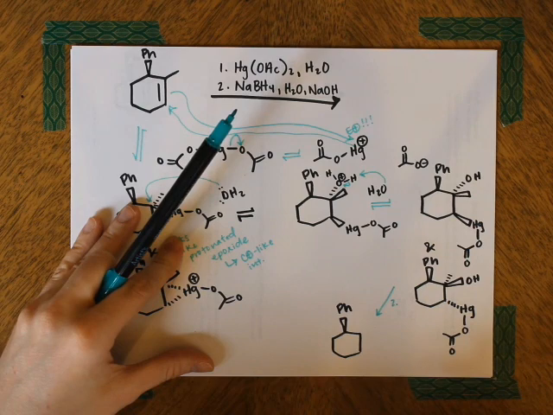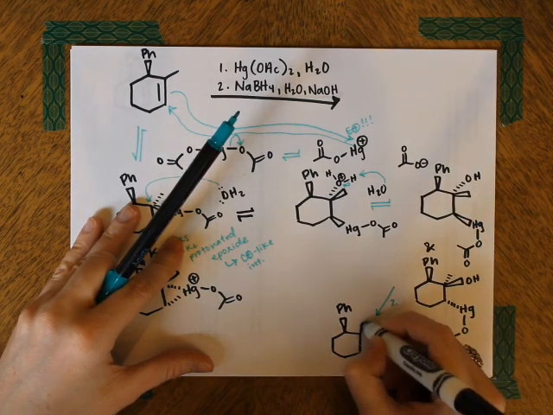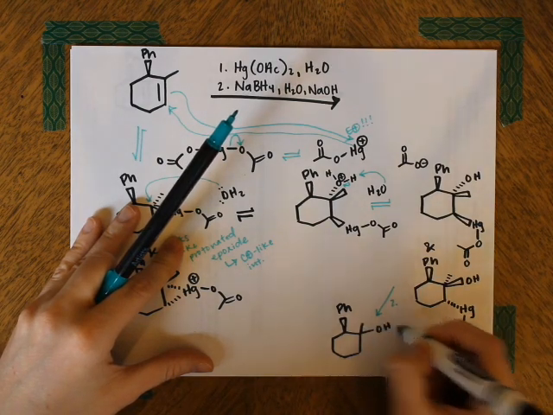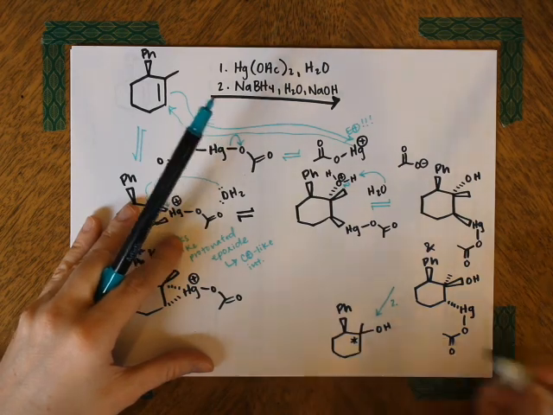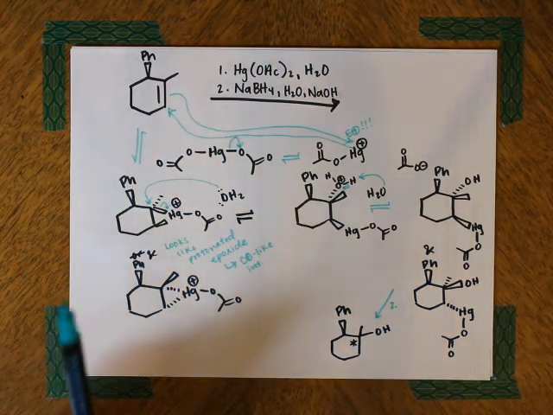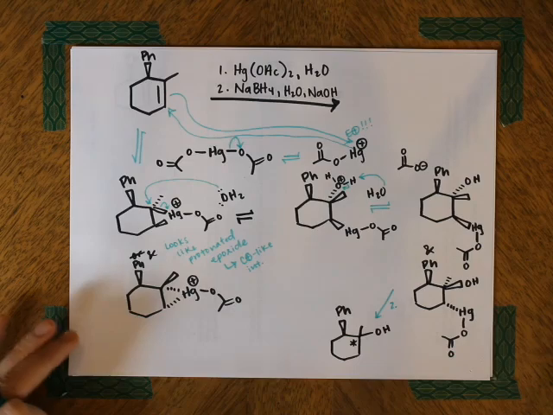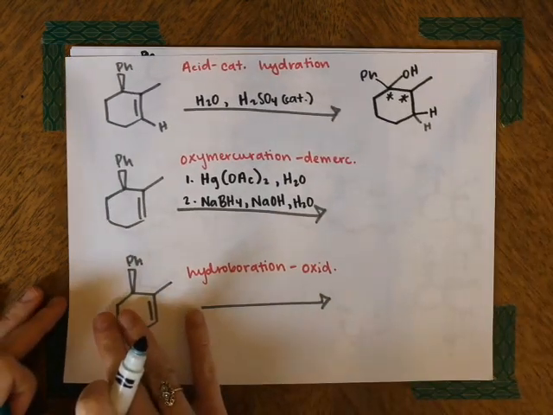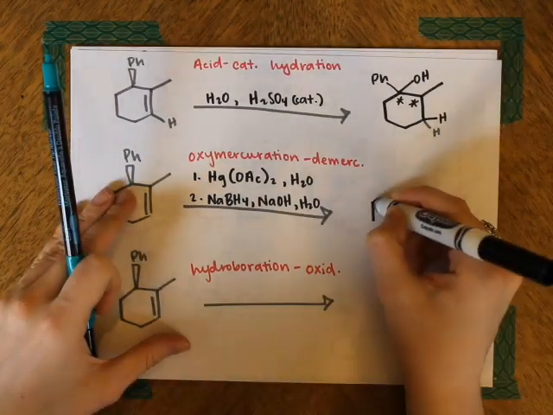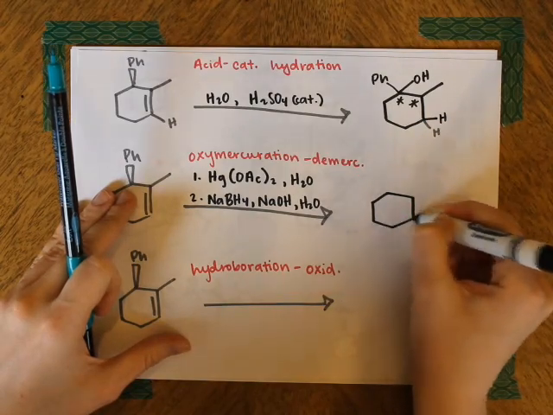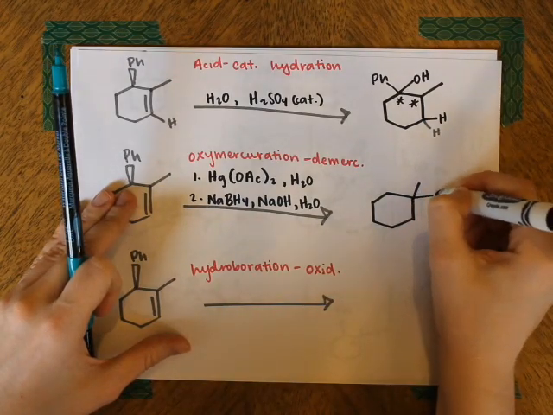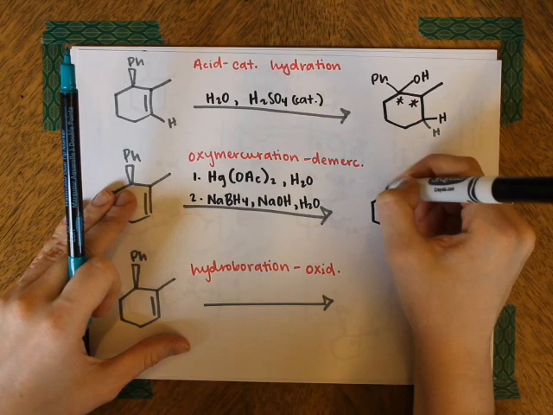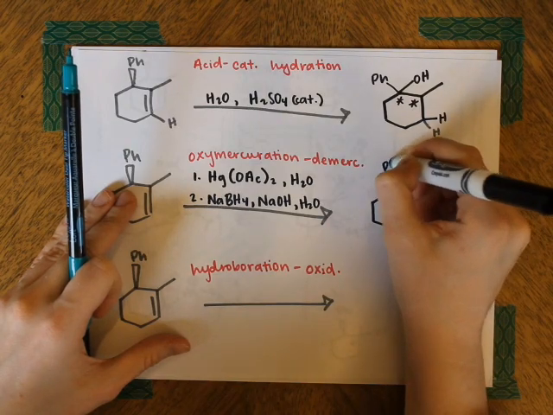That's still a wedge up to that phenyl. And then that spot right there is racemic. So we'll fill that in. So this has been a Markovnikov addition, but the stereochemistry on that site is racemic.